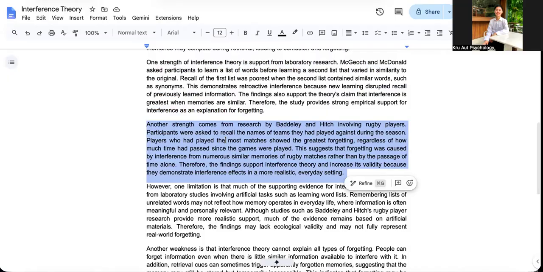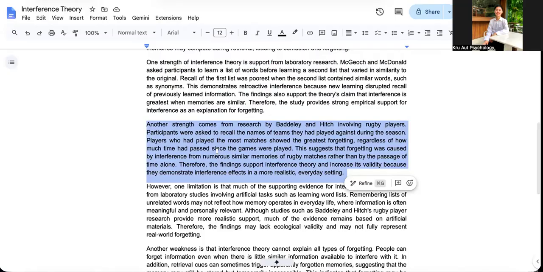Therefore, the findings support interference theory and increase its validity because they demonstrate interference effects in a more realistic everyday setting. The first study was done in a lab. This time it's done in real life. I decided to use both of these studies because they're widely taught in most schools, and also because one is lab and one is real life. So it's better to cover both, as we want both depth and breadth.